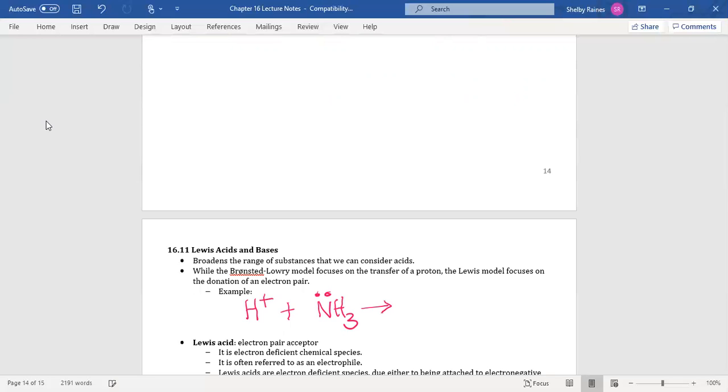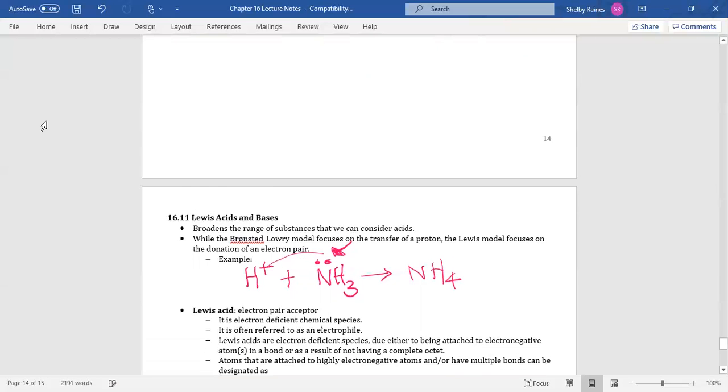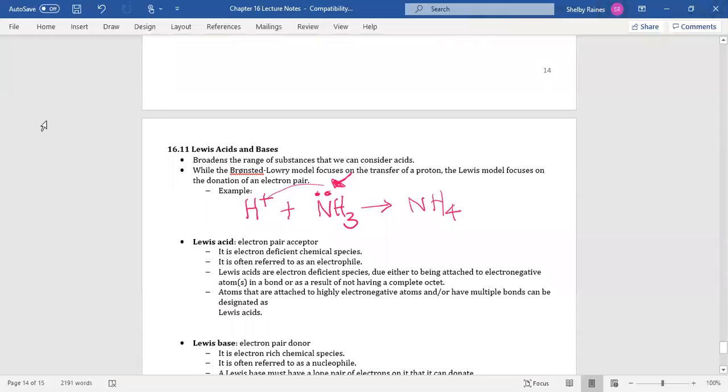So what happens is that lone pair bonds with this hydrogen ion and we form NH4. So we're focusing now with the Lewis acid bases on electron pairs. So the acid is going to be the electron pair acceptor. So it accepts the electron.